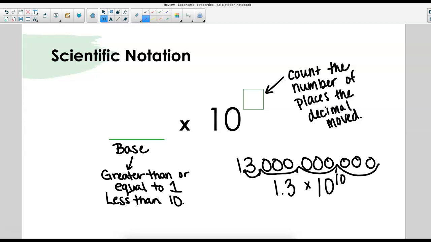You okay with that? What if the problem started like this? 0.000714. What would that be in scientific notation? 7.14, and then what? 7.14 times 10 to what power?